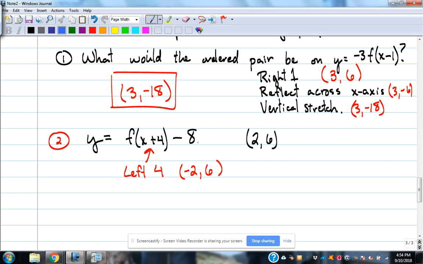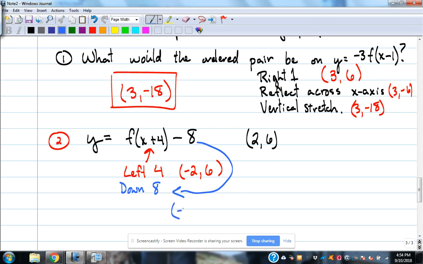What does the minus 8 do? Down 8 units. I take (-2, 6) and I move it down 8 units. Where's it at? -2.